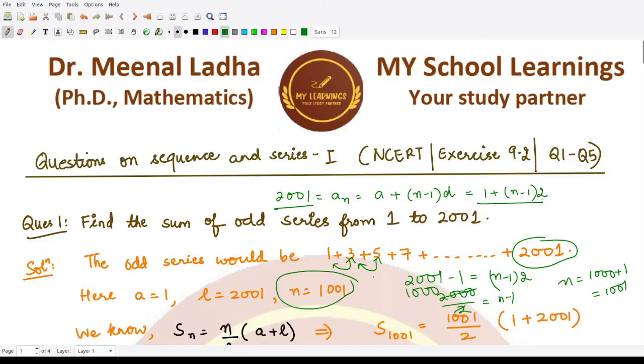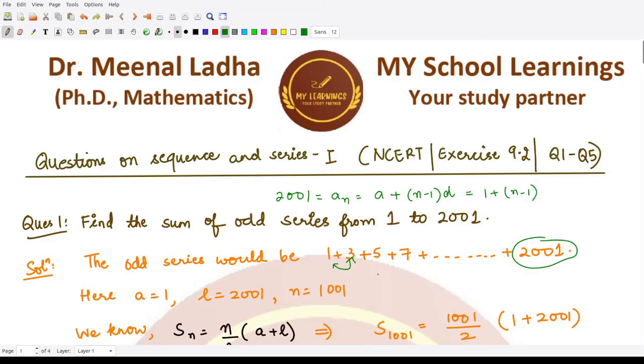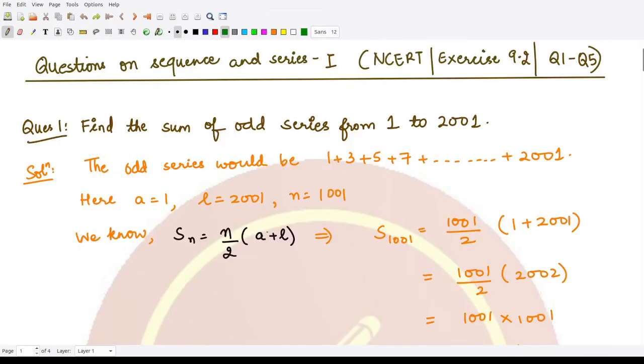Once you know the value of n, now we would like to calculate the sum of all the terms here. So this is the term number 1001, right? So what would be the sum of these terms? By the general sum formula when we have the last term, it is n by 2 times a plus l, right? a is the first term, l is the last term, correct?